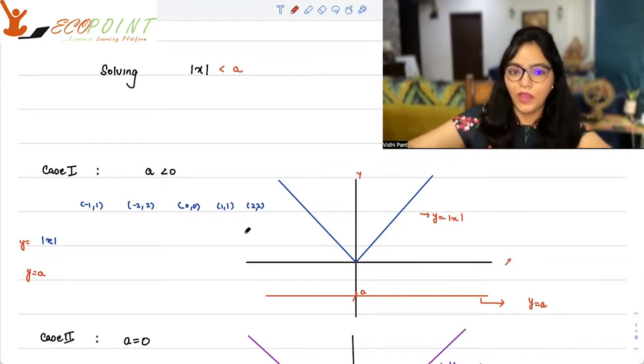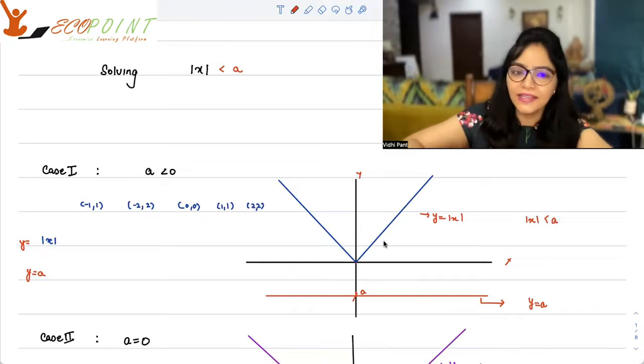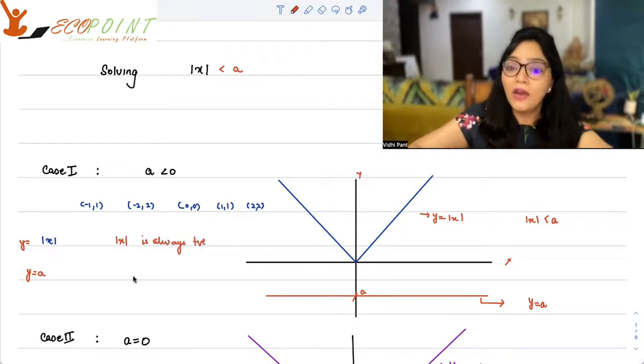Now, what we are looking for, we're looking for modulus of x is less than a for what kind of x's? Well, a is a negative number. Mod x is always positive. How can a positive number be lesser than a negative number?